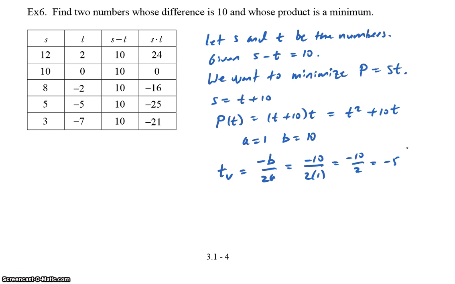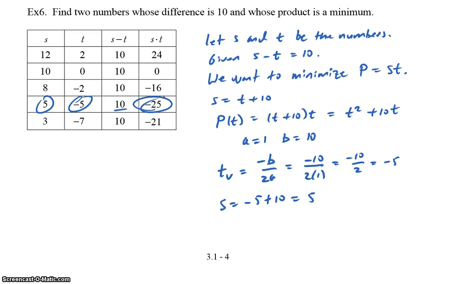Okay, what about the value of S? Well, S is T plus 10. So that would be negative 5 plus 10, which is positive 5. So indeed, when S is 5 and T is negative 5, their difference is 10, and their product, which happens to be negative 25, is a minimum.